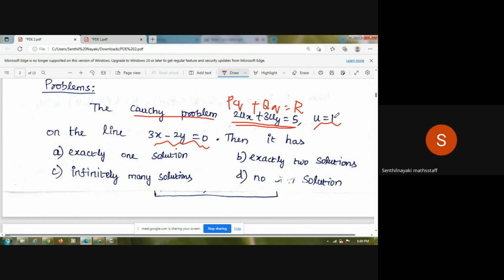The u value is also given in the question itself. And there is one more equation, 3x minus 2y equal to 0. From this equation we have to find the x naught and y naught values.